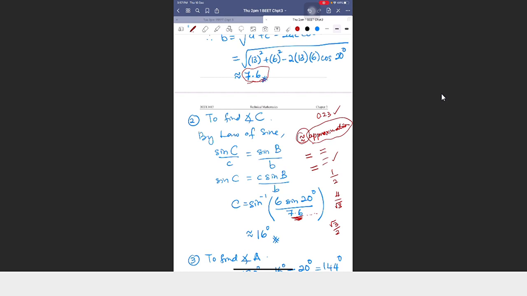Like your 1/2, the calculator just gives 0.5, so you don't round or approximate. So 0.5 is considered an exact value. But for all these questions, when I use the calculator, I have more decimal places, so I round it. The moment I round, I am using approximation. It's not really an exact value. So that is what this notation is all about.